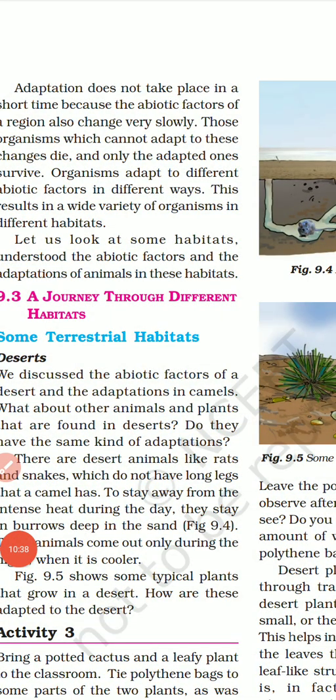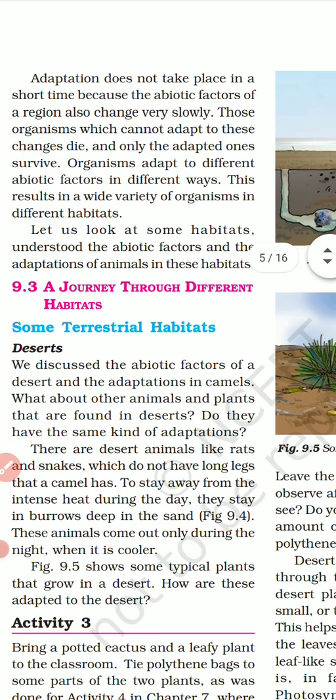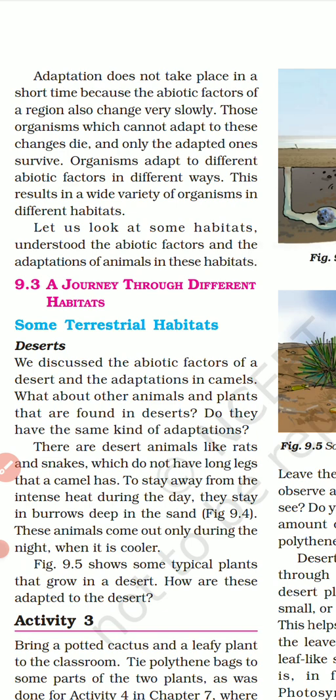Okay, so adaptation does not take place in a short time, because the abiotic factors of a region also change very slowly. Those organisms which cannot adapt to this change die, and only the adapted ones survive.